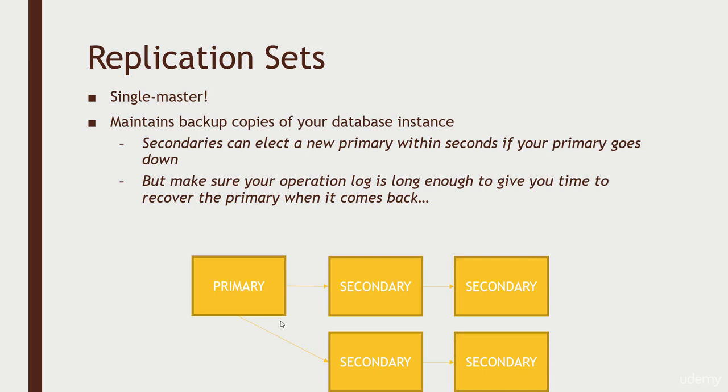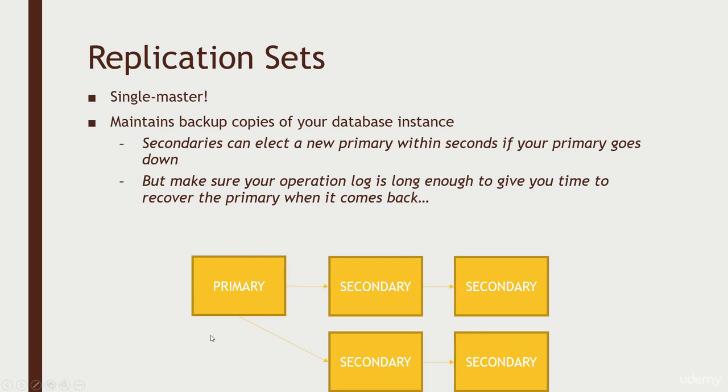All right, let's talk about MongoDB's architecture. So the first thing you need to understand with MongoDB is what they call replica sets. So like we said before, MongoDB has a single master architecture, the idea being that we want to have consistency over availability. But you can have these secondary databases that maintain copies over time from your primary database. So as writes happen to your primary database, those writes get replicated through an operation log to any secondary nodes that you might have attached to it.